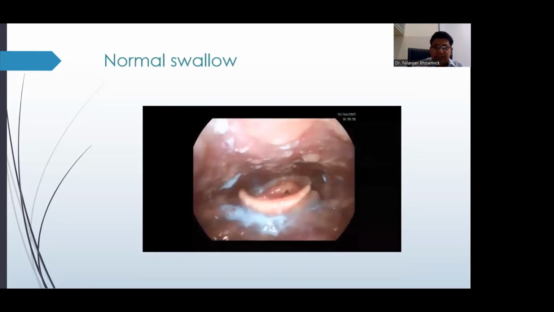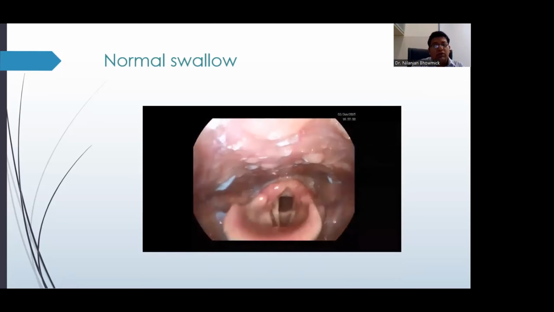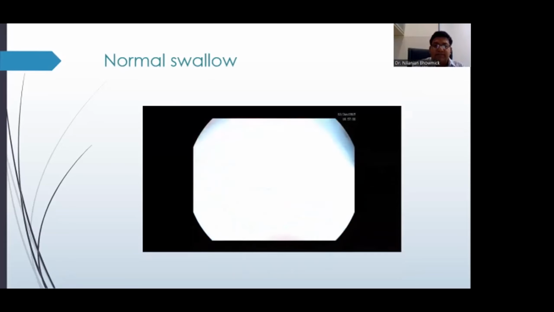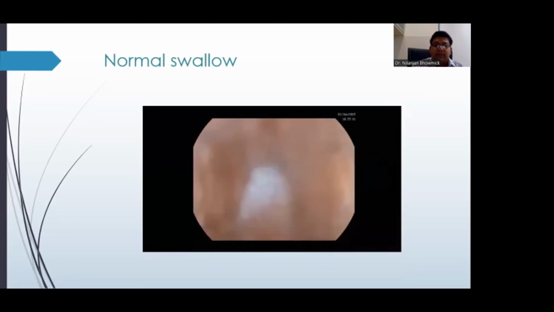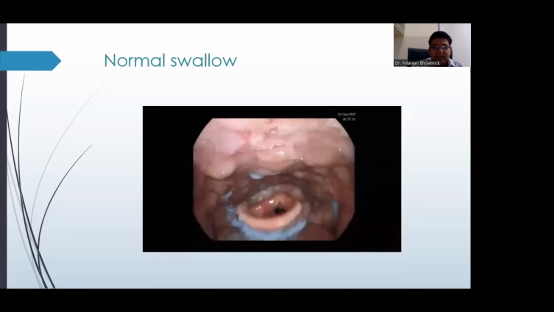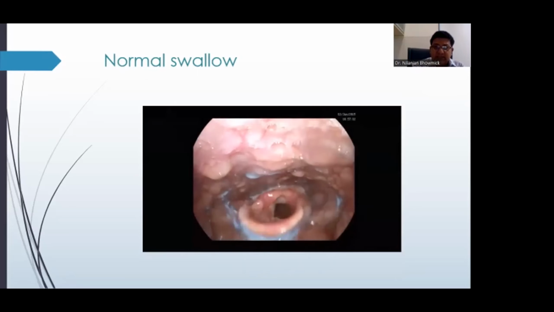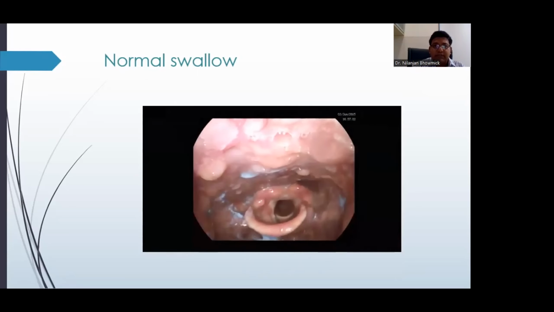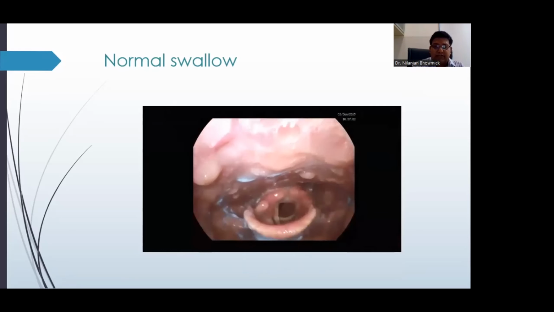The food disappears. If you're fortunate, you might be able to appreciate the food channeling around both sides of the epiglottis, again the whiteout, and then the food disappears. This is what a normal swallow would look like in an endoscopic examination.